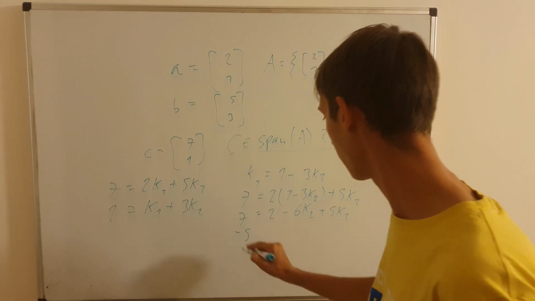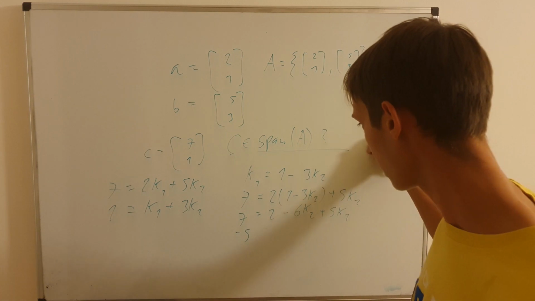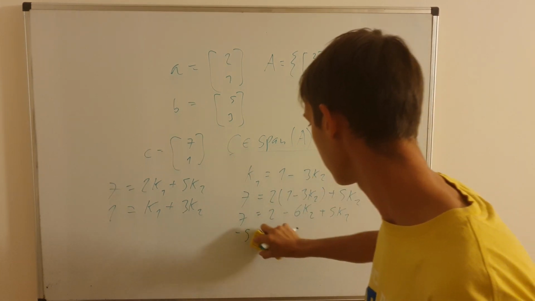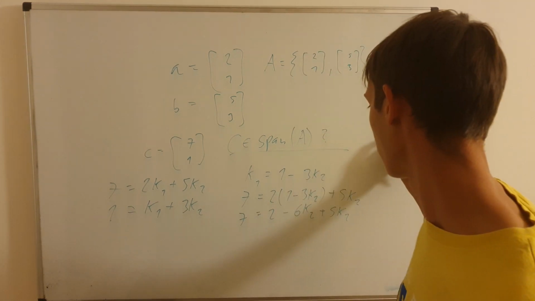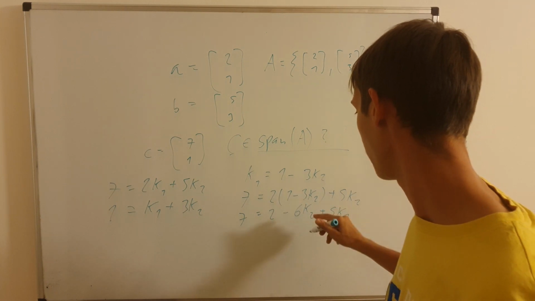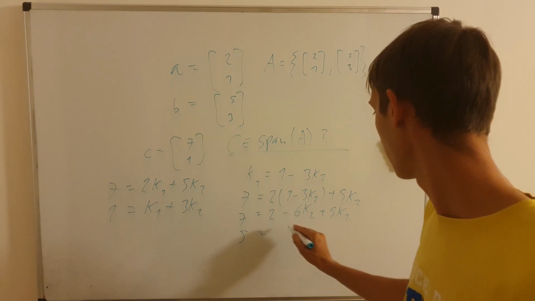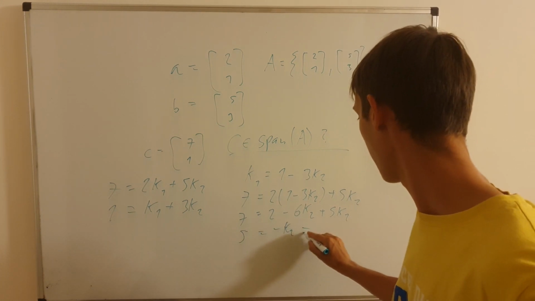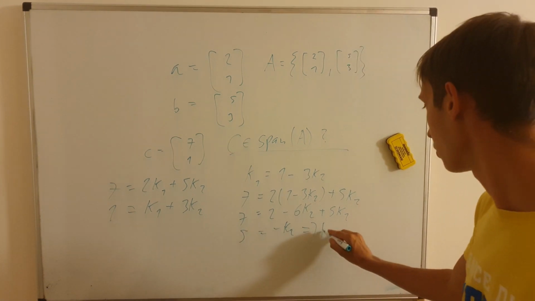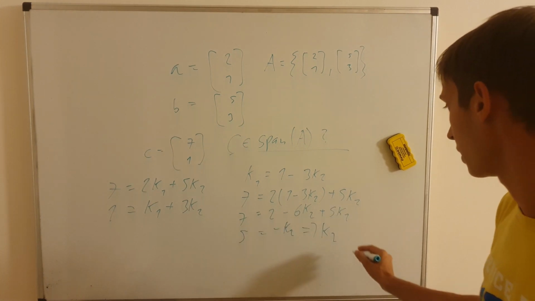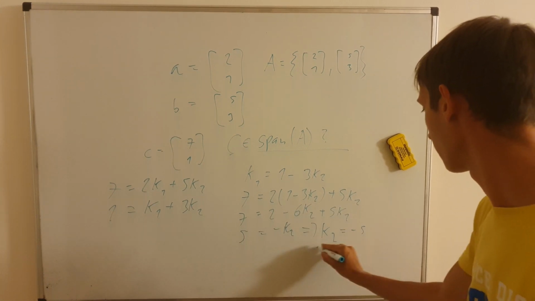Perhaps we can take away 7 on both sides, or we can take away 2. So 5 will equal minus k2. And thereby k2 will equal minus 5.